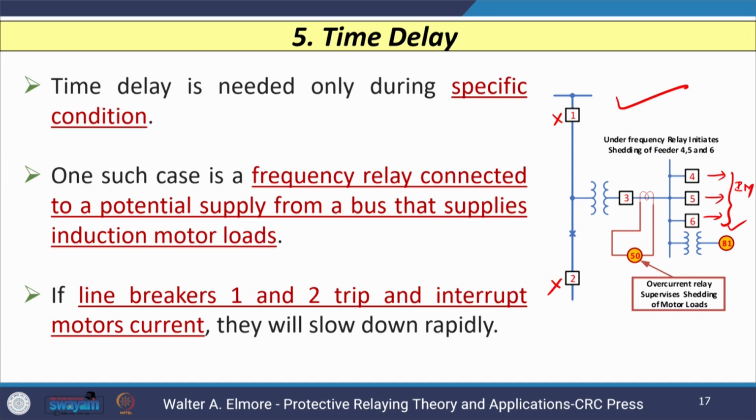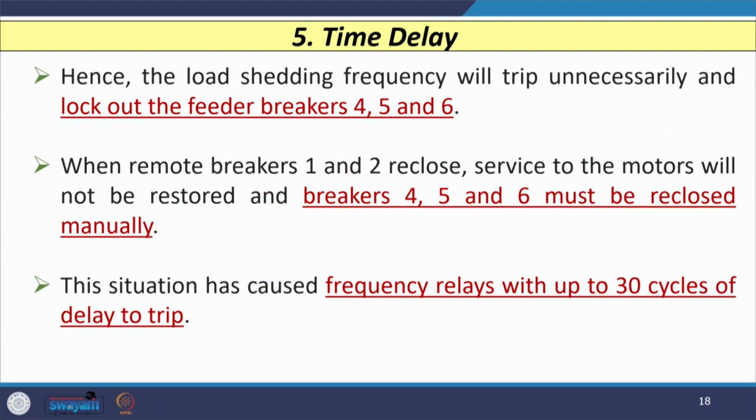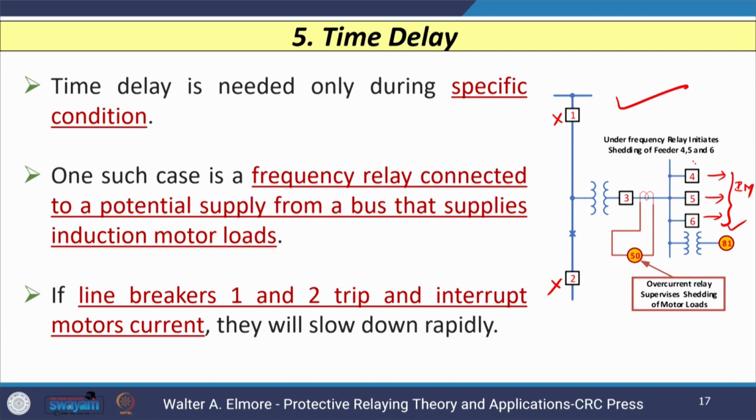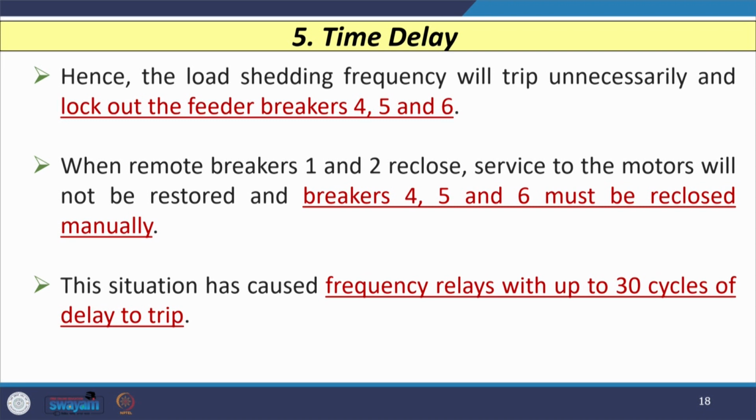If these 2 breakers trip, that is going to interrupt the supply to the induction motors, and their speed will drastically reduce, and because of that breakers number 4, 5 and 6 will trip and go into lockout condition. So, after tripping they will not be reclosed because they are in lockout condition.